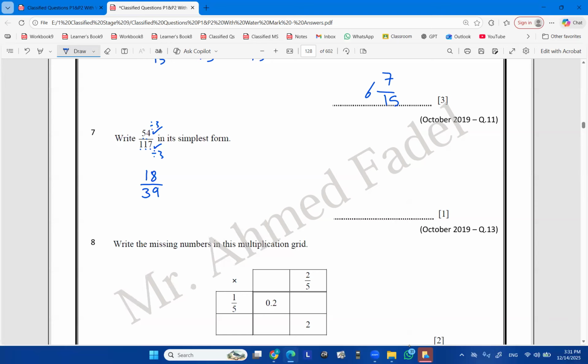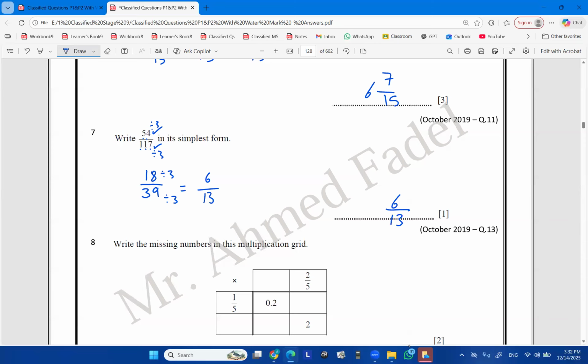Or by another number that you might notice right now since the numbers have become so much smaller? Well, I can divide this again by 3, and this again by 3. 18 divided by 3 is going to give me 6. 39 divided by 3 is going to give me 13. So it is 6 over 13.